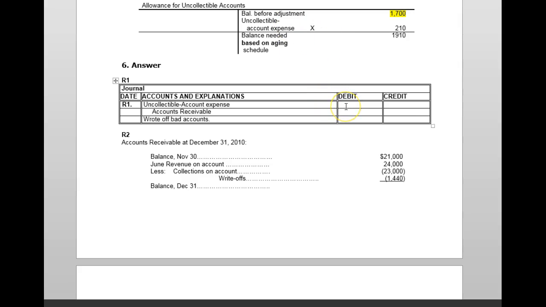So it's a write-off here and here, and it comes directly off of the accounts receivable. And you'll notice that we're not showing any allowance account now. We're just saying this is an uncollectible account or a bad debts expense.